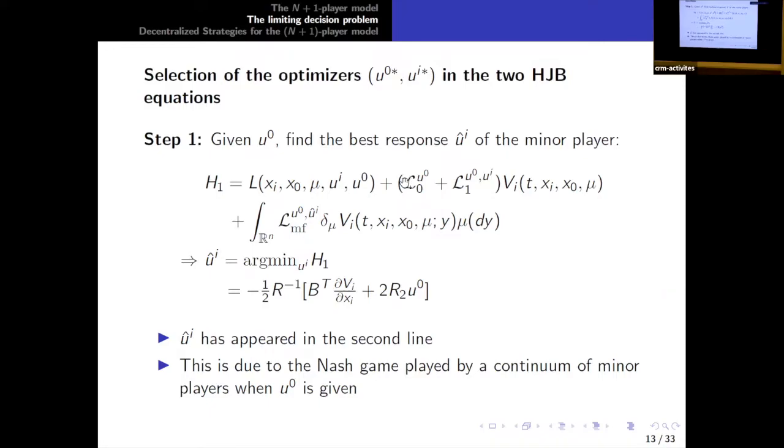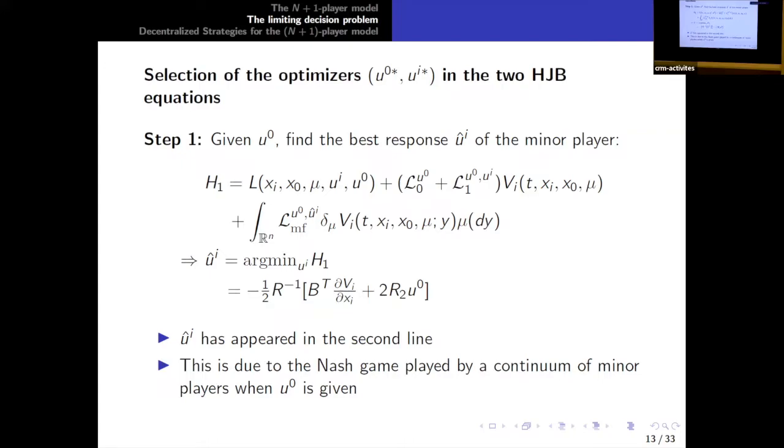So now in the minimization, we can see somehow this U hat has already appeared in the second line. This is not a typo. The point is that when we look for the best response, it's actually for all the minor players. So essentially, it's like a Stackelberg large game. The large game is played by all minor players.